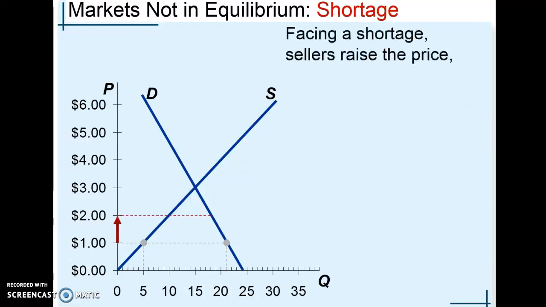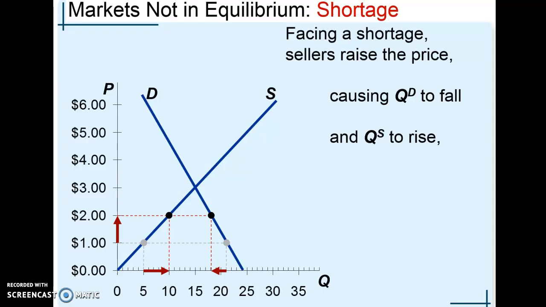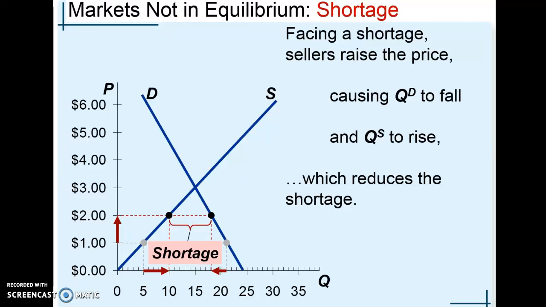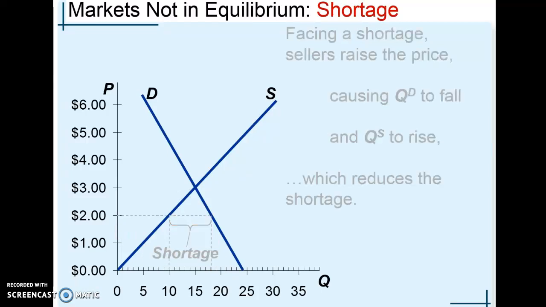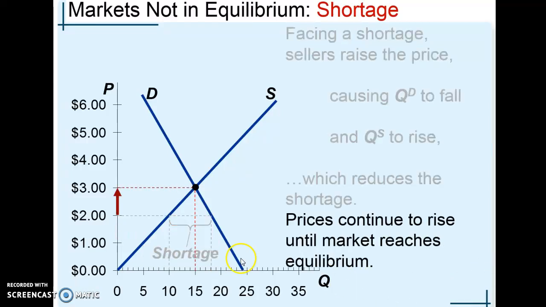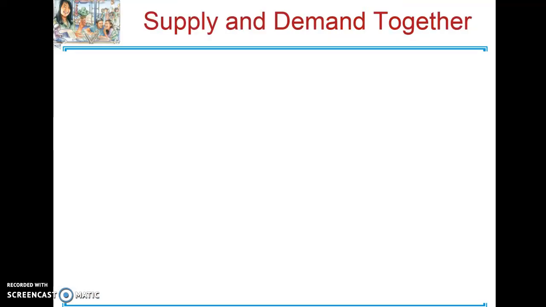Facing a shortage, sellers are going to raise the price. They know they can get more. This will cause the quantity demanded to fall and the quantity supplied to rise, and that's going to reduce the shortage. The price will continue to rise until we get back to equilibrium.